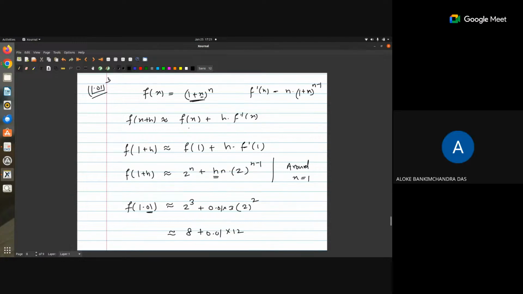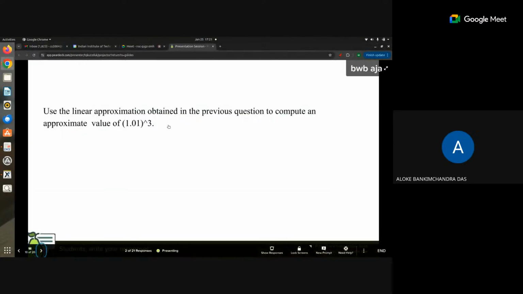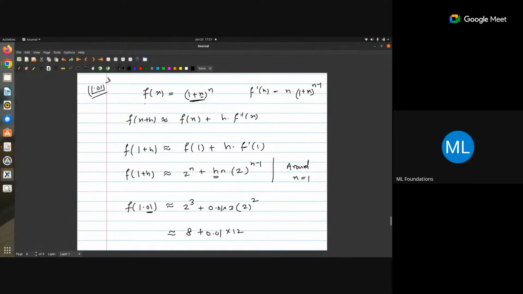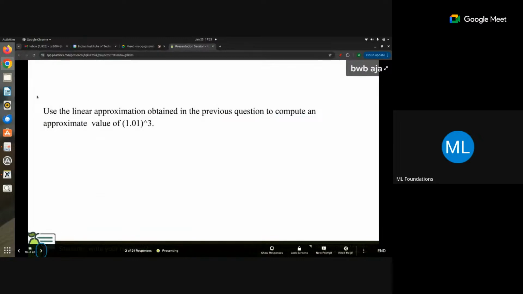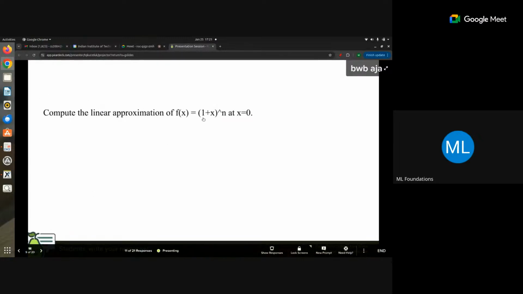It should be 1 basically, because it is 1.01 whole cube. What you have taken is, I think, 2.01 whole cube. Okay, we have to use this one, right? So if I use this, then what should I do? It should be 1 plus nx. Lx will be 1 plus nx.